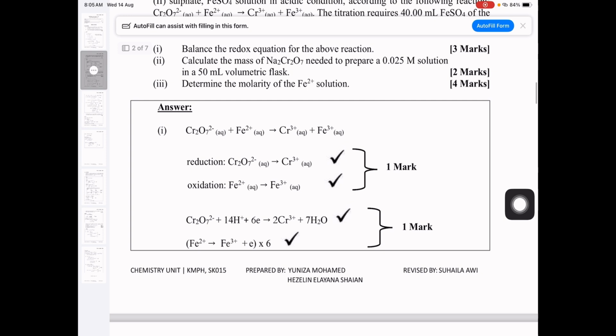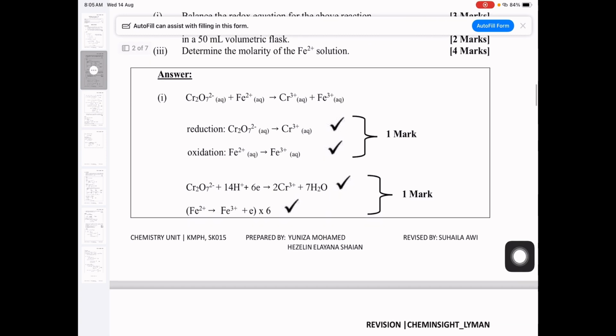Okay, so number 1, how to balance the equation. So the first step, we separate into half equations, reduction and oxidation. So reduction 1 mark and oxidation is 1 mark. Okay, and then balance each half equation.